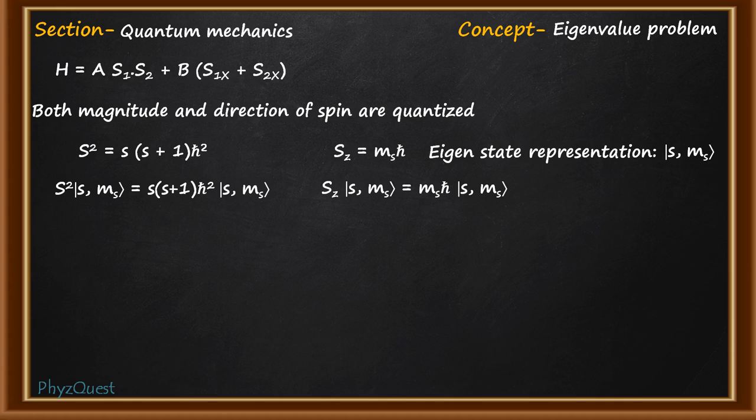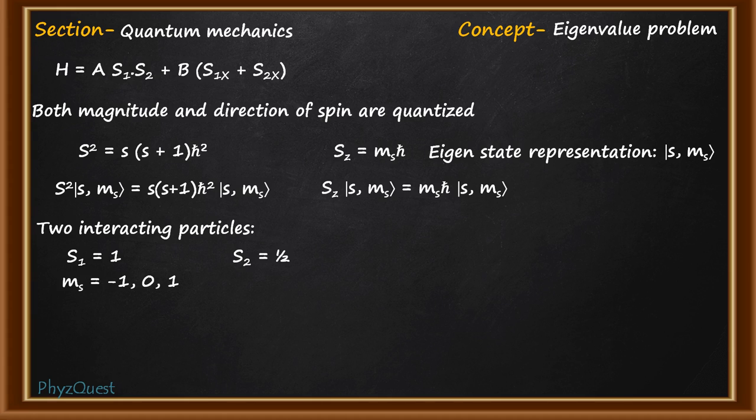Now in the question, we have two interacting particles. One of them has spin 1 and the other has spin half. They have their corresponding ms values. The ms value for the first particle will be minus 1, 0, plus 1.